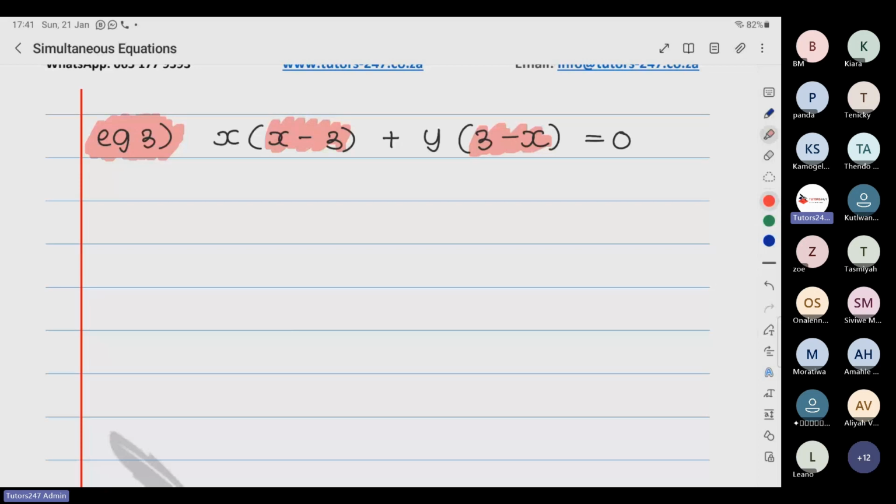Negative 3, or you could say 3, is negative in the first bracket, but positive in the second bracket. So who can tell me, how do we turn both brackets into x minus 3? How do we turn 3 minus x into x minus 3? What can we do? Who has an idea?